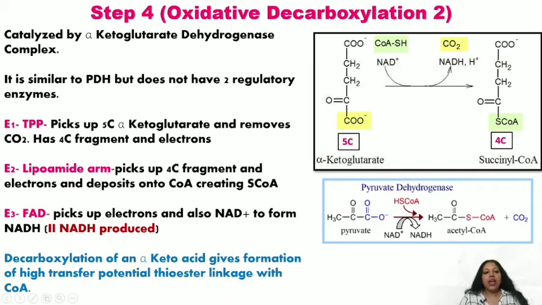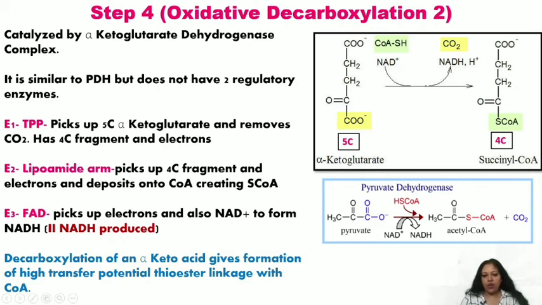Now the E2 complex, what does it do? It picks up the 4-carbon fragment from E1. You remember it has a lipoamide arm which acts like a crane. I explained in the PDH video that it picks up the 4-carbon fragment because of its lipoamide arm, and electrons also, and deposits it onto coenzyme A, creating thio-S coenzyme A. What is this?